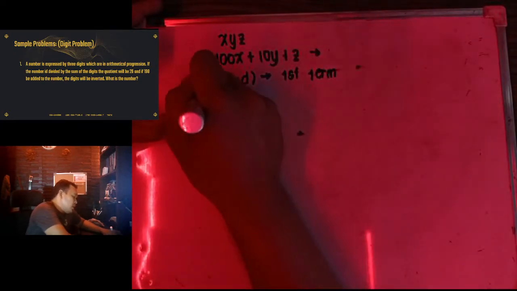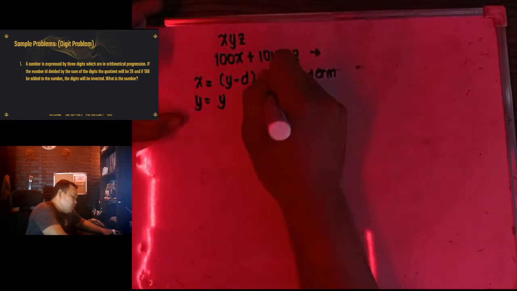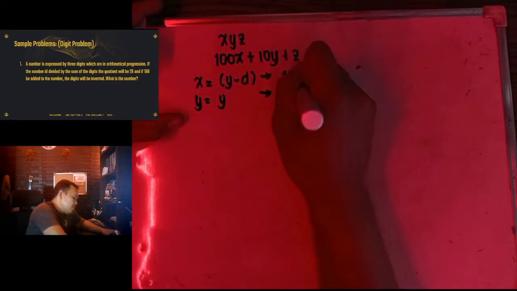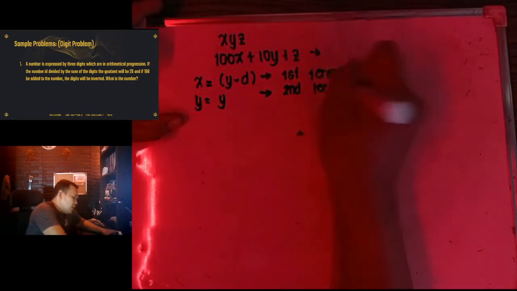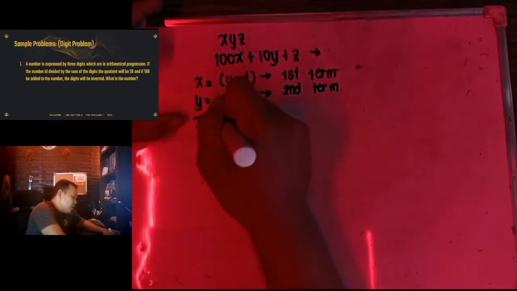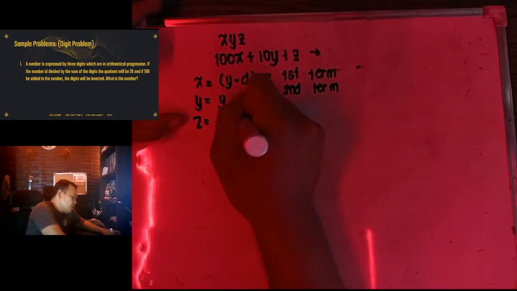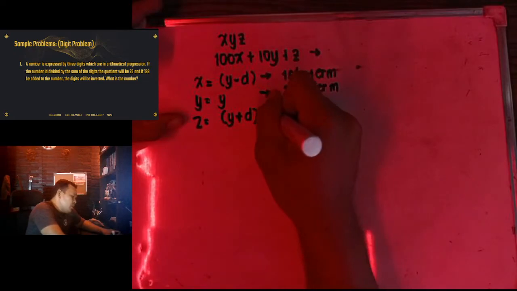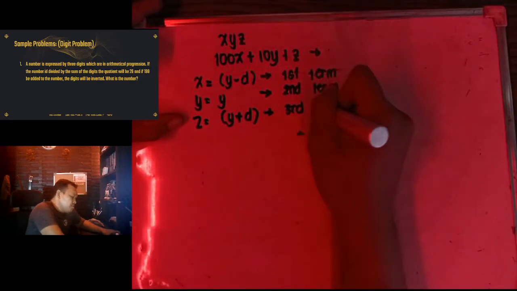Then y is equivalent to y, which is our second term. And z is equivalent to y plus d, which is our third term.